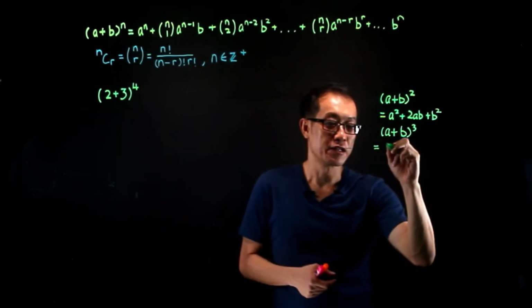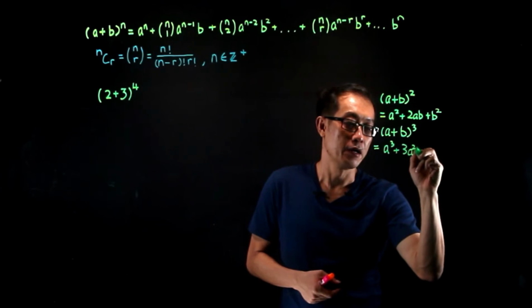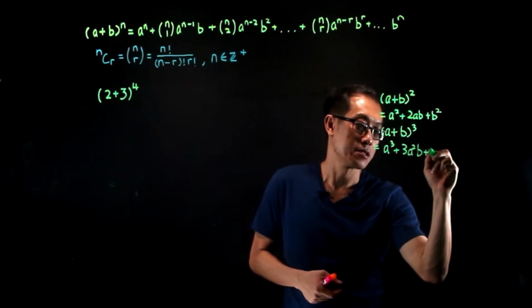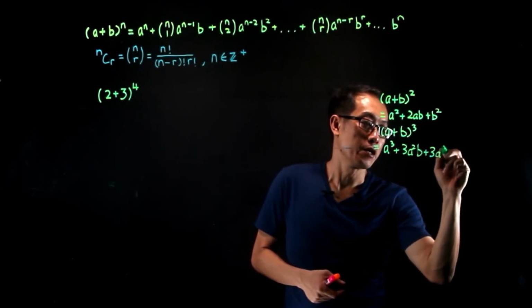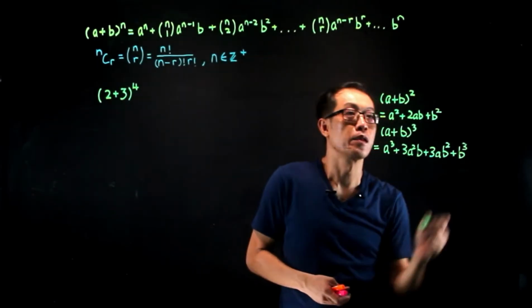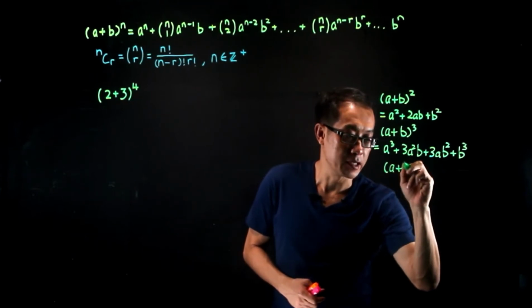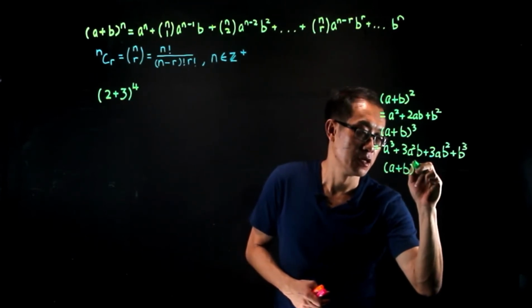Some of you can still tell me that this is a cubed plus 3a squared b plus 3ab squared plus b cubed.